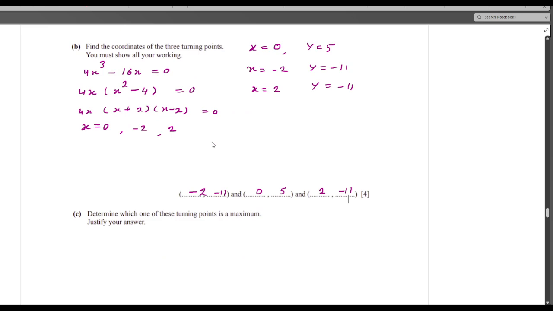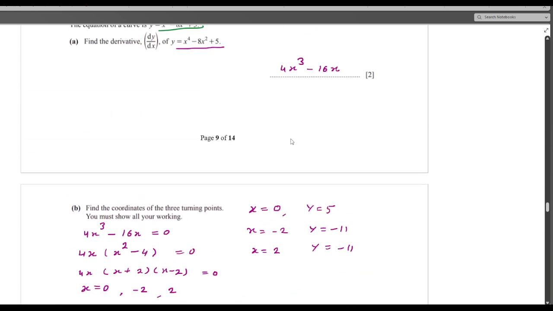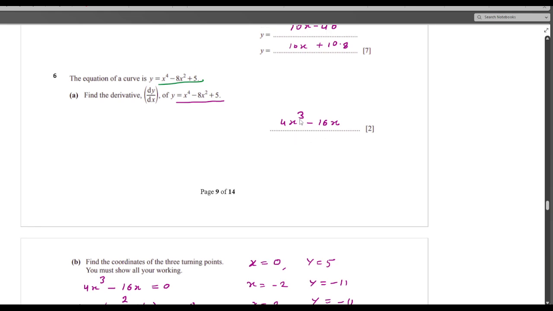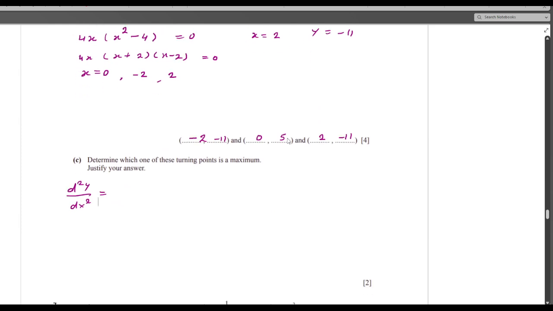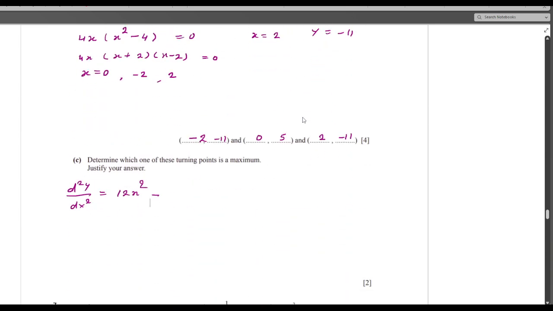Now for maximum, I have to differentiate once again. So I will find out d square y by dx square. This 4x cube minus 16x, I have to differentiate again. So 4 times 3, 12, it is 12x square, then minus 16. So 12x square minus 16.